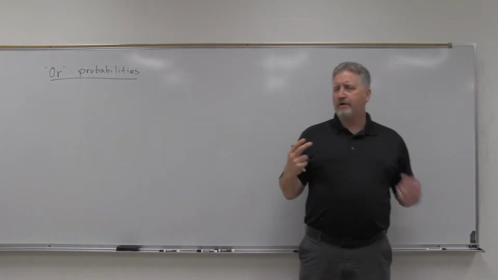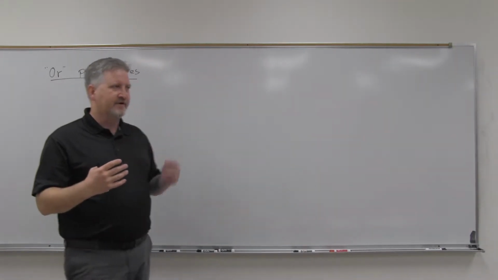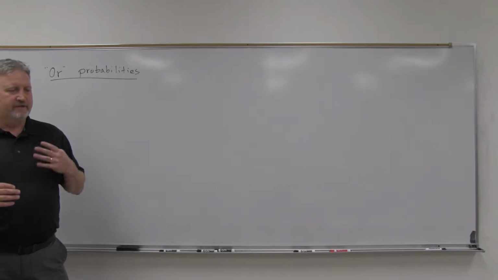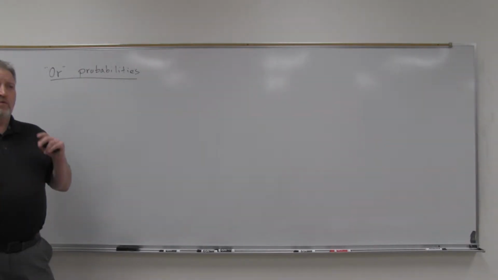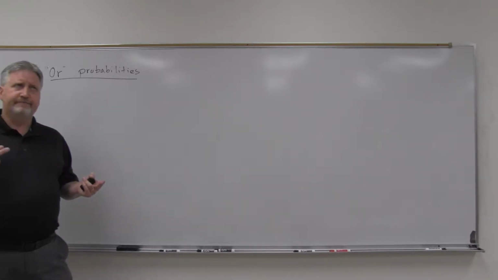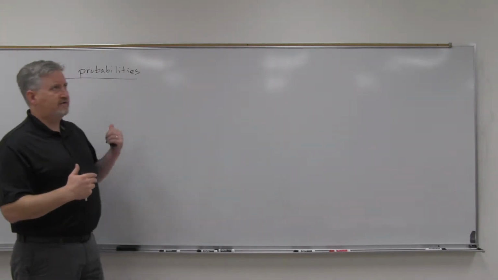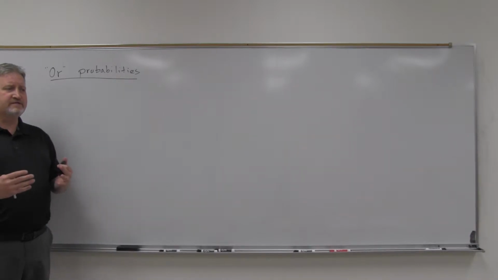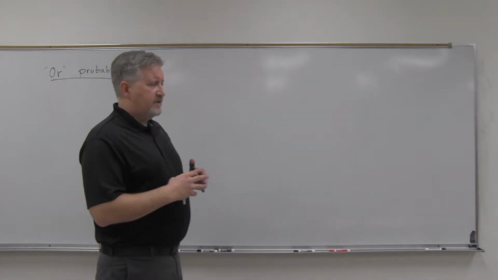There are two words, I guess you might say, that we'll encounter on some probabilities, and sometimes they'll kind of be understood to be there. But one word is the word "or." Maybe we've encountered it before, but for probabilities, here's the thing.